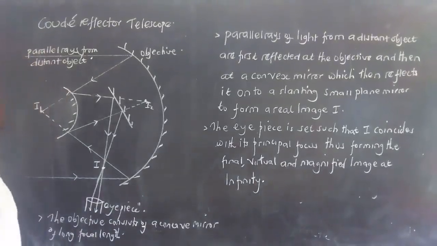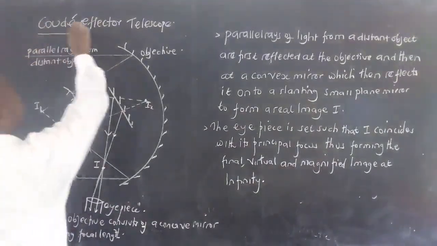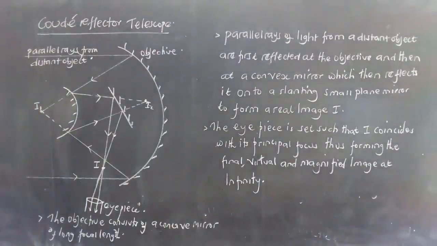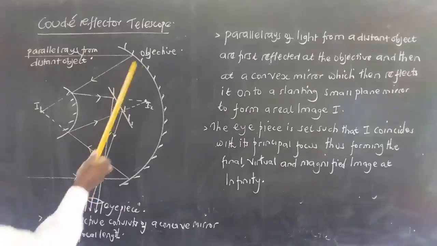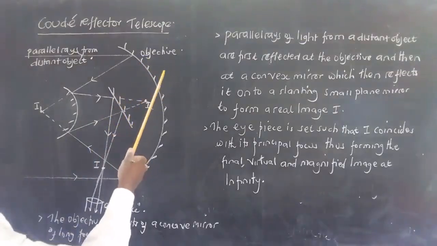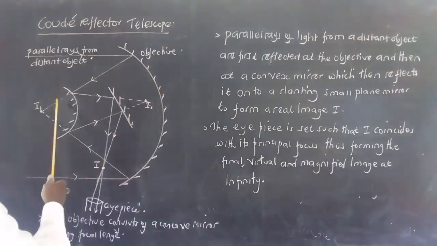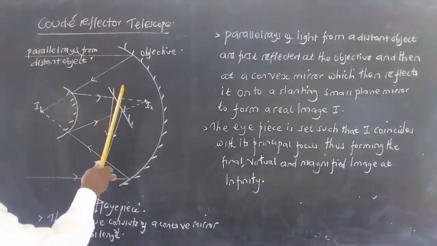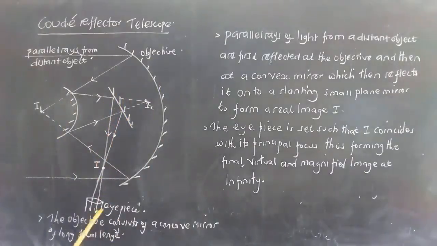So this is the last one, which is the Coude reflecting telescope. It uses an objective concave mirror of long focal length, a convex mirror, and a very small plane mirror. This is the eyepiece. The objective consists of a concave mirror of long focal length.